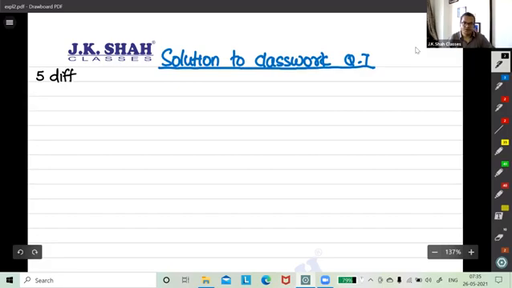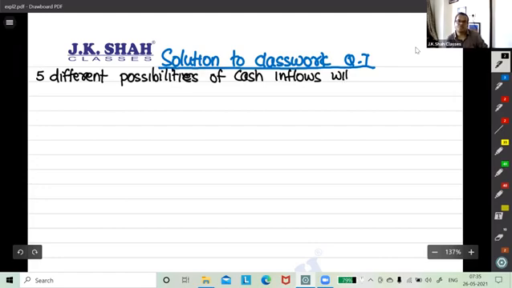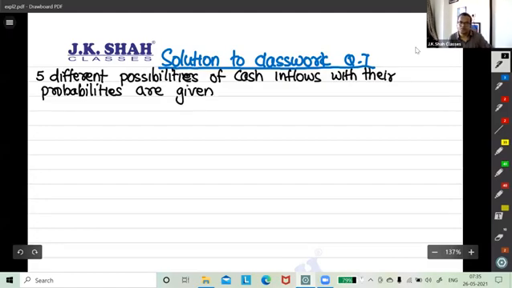Five different possibilities of cash inflows with their probabilities are given in the question.